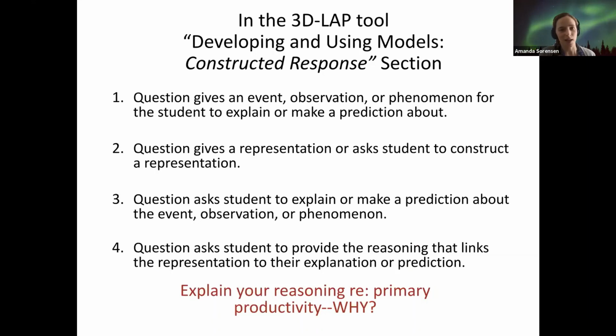So we can say, yes, the question did ask students to explain their reasoning. This is just an example of how you can use the metrics outlined in the 3D lab tool to evaluate your own assessment questions. And this tool will be in the resources section at the bottom of your individual group documents in the breakout rooms when we go to the breakout sessions.